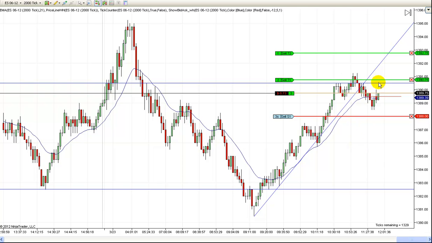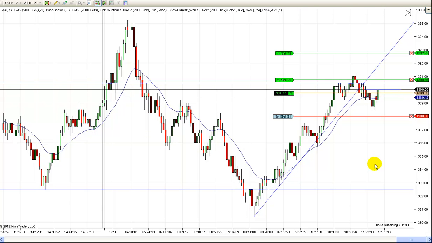But I'm expecting prices... This was the first real break of the trend line, so I'm expecting prices to come test this high again, and that's why I went long here. And here we go.